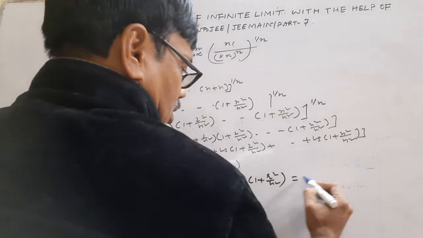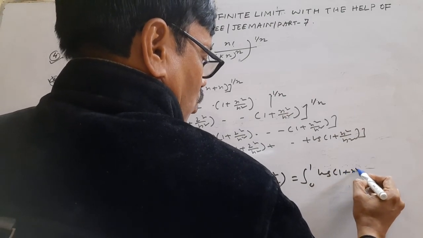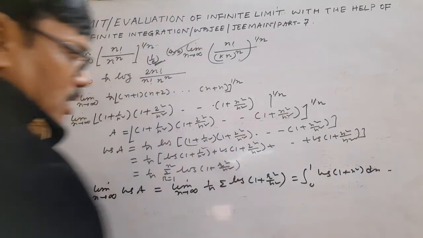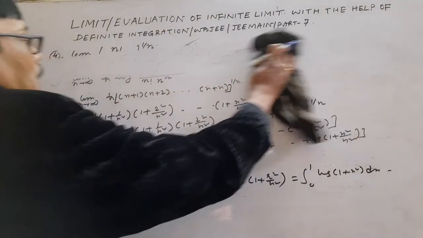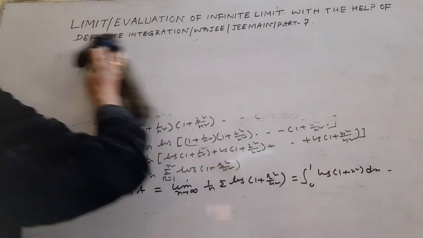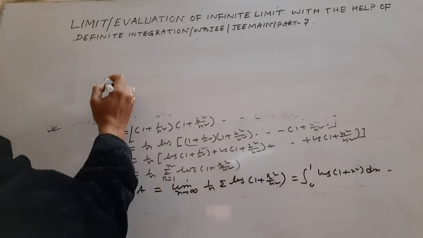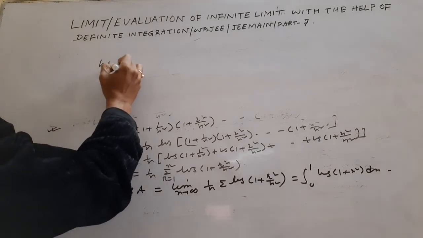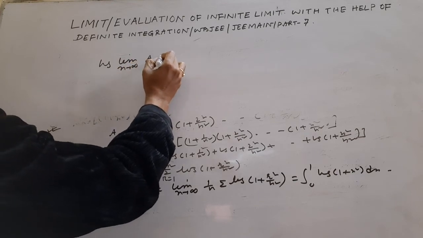So this is the integral from 0 to 1 of log 1 plus x square dx. Now, most interesting, the log is outside: limit n tends to infinity of capital A.